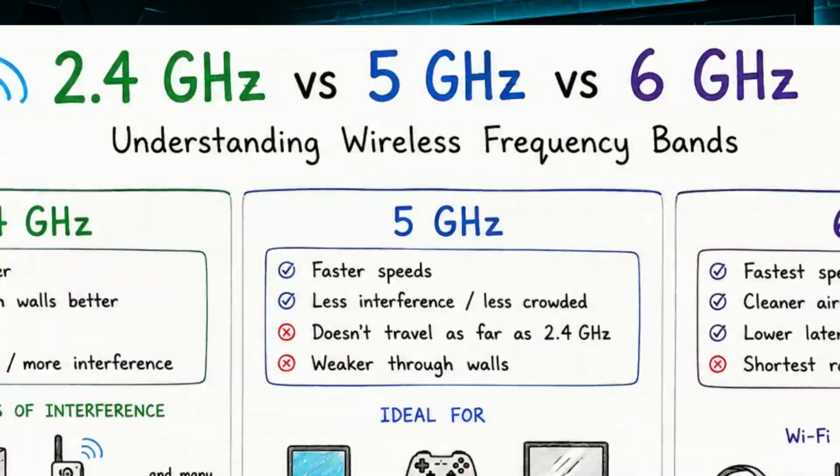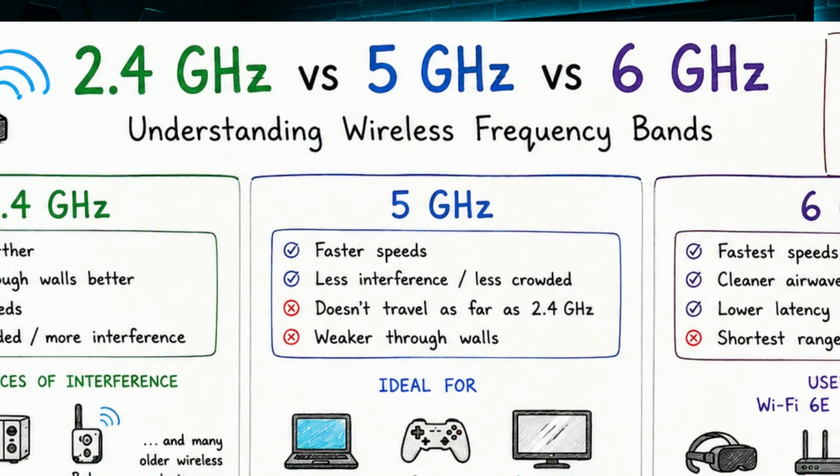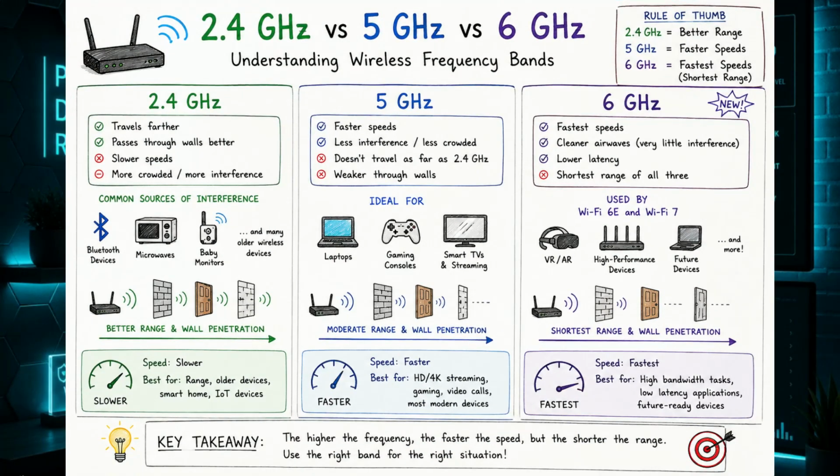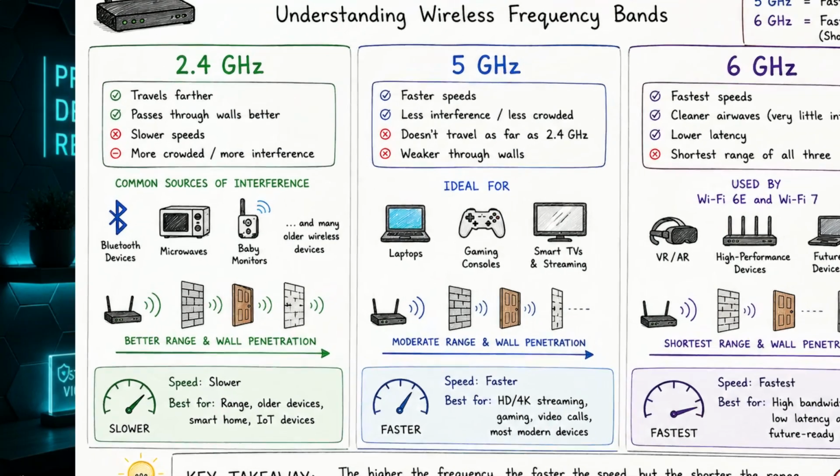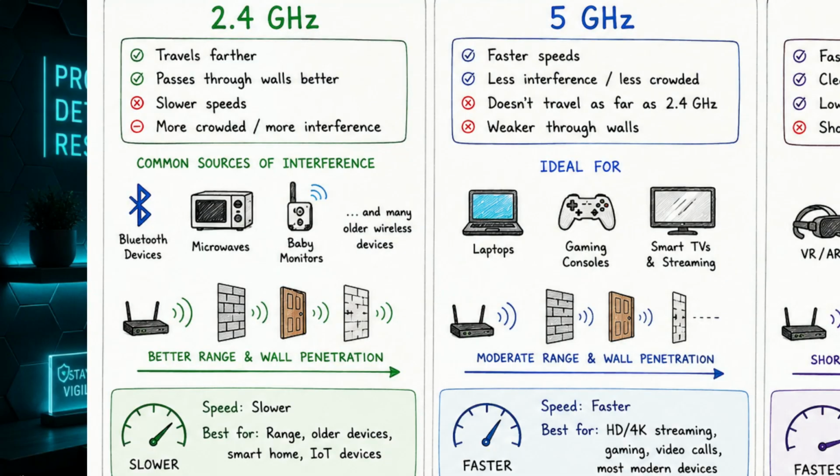Now let's move on to 2.4 GHz versus 5 GHz versus 6 GHz. This is one of the biggest topics that you'll encounter in both the A+ exam and real-world IT, which is understanding wireless frequencies. Most modern routers broadcast on multiple frequency bands, so let's compare them. First up, we have 2.4 GHz. This signal travels farther than others, and it also passes through walls much better.